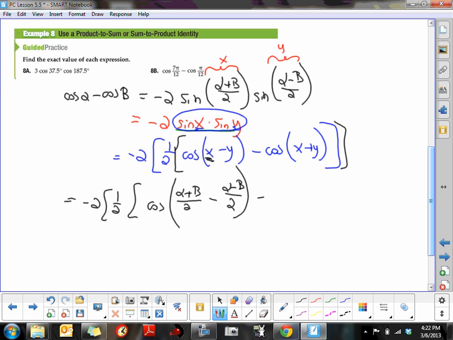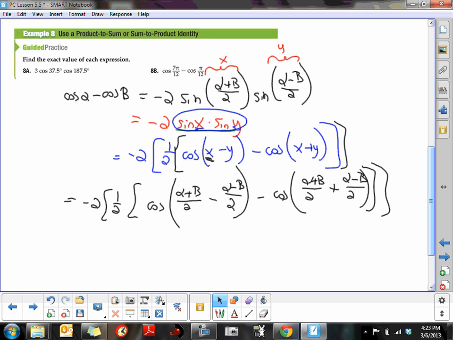Then minus the cosine of x, which represented alpha plus beta divided by 2, plus y, which represented alpha minus beta divided by 2. Bracket, bracket.